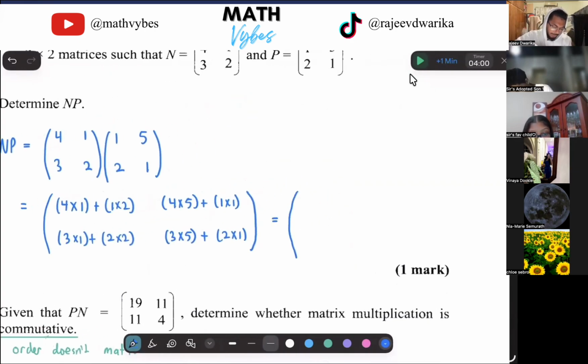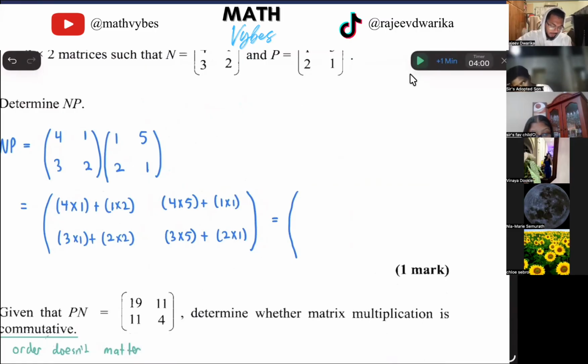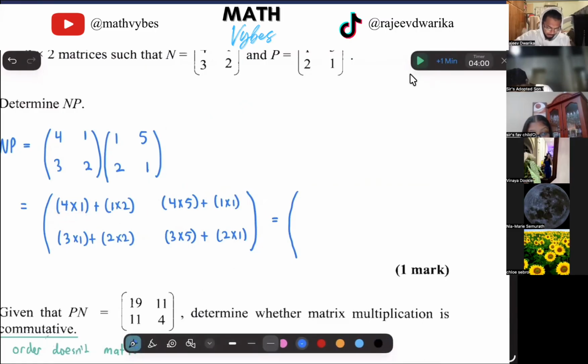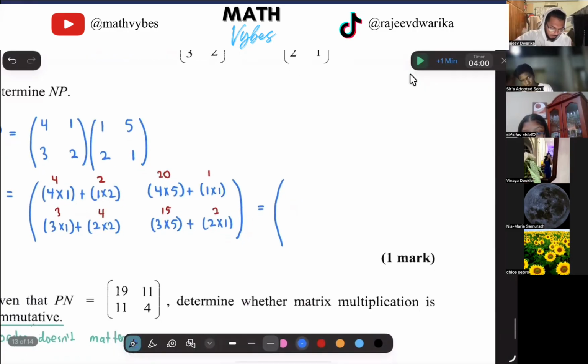I find it for 1 mark kind of ridiculous, but 1 mark is ridiculous. Right? 4 by 1 is 4. 1 by 2 is 2. 4 by 5 is 20. 1 by 1 is 1. 3 by 1 is 3, 2 by 2 is 4, 3 by 5 is 15, 2 by 1 is 2.